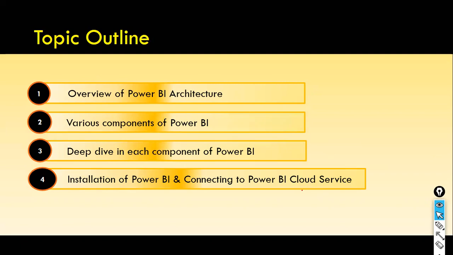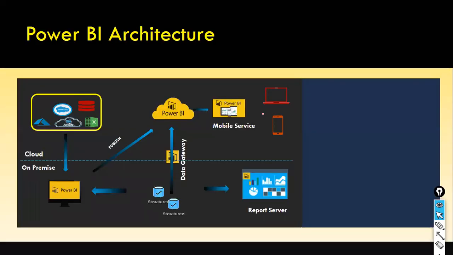Then connecting to Power BI Cloud Service, probably I will show you, but don't go and sign up now with the Power BI Cloud Service because they give only 60 days time. Probably after a few weeks, if you sign up with your official email ID, then you will have extended time to use it. So, all right, now let us jump into the Power BI architecture.